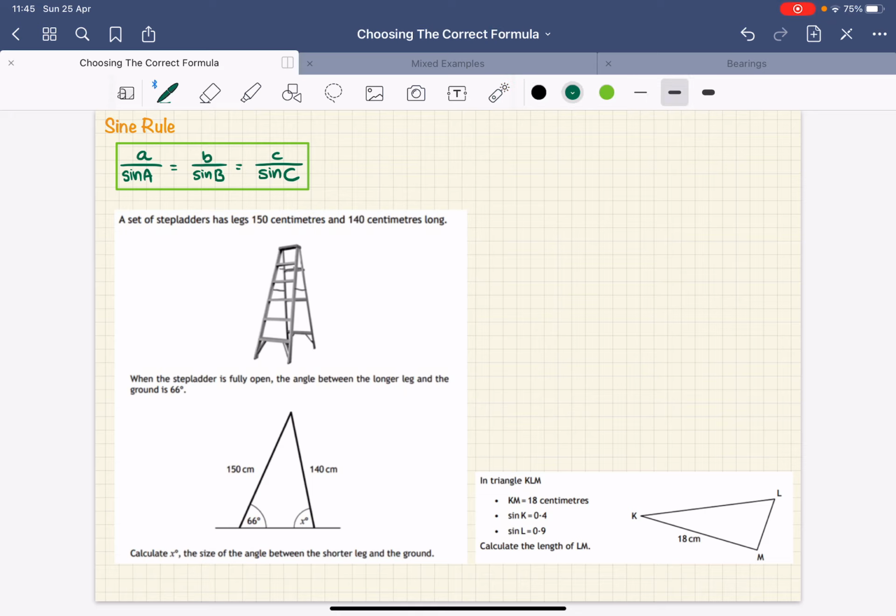However, if you were wanting to look out for a pattern or information you're given, you're generally wanting to look out for being given 2 and a 1. So, e.g. two sides, one angle, or two angles and one side, and then being asked to find the second one.